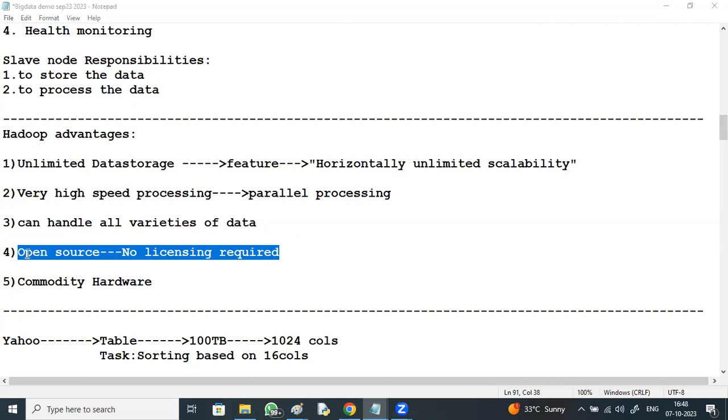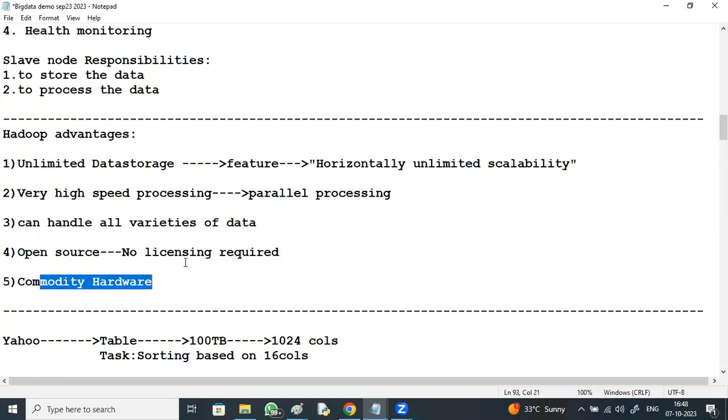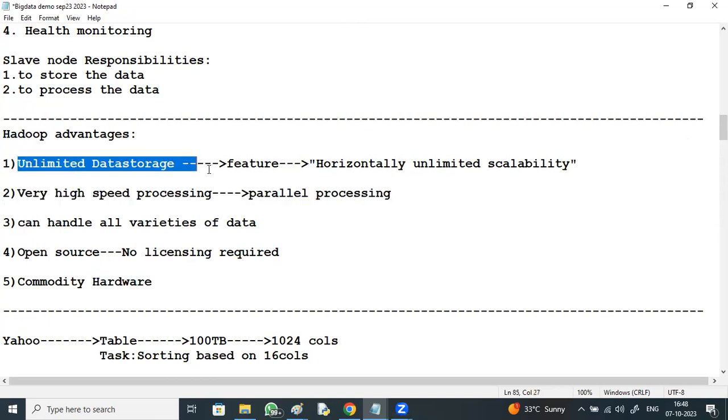Most of the Hadoop products are from Apache Software Foundation, from where we'll be downloading and installing. Commodity hardware, no need of highly configured systems. Hadoop can run on any system. So very high speed processing and unlimited data storage.